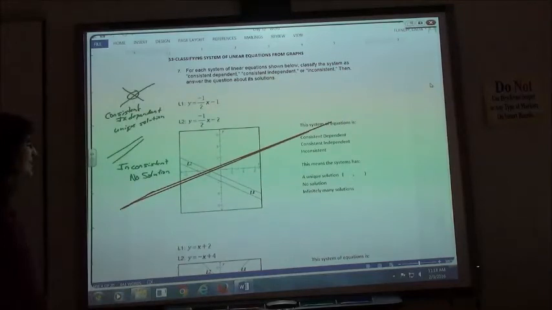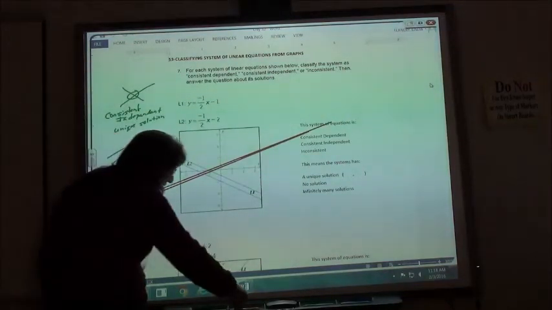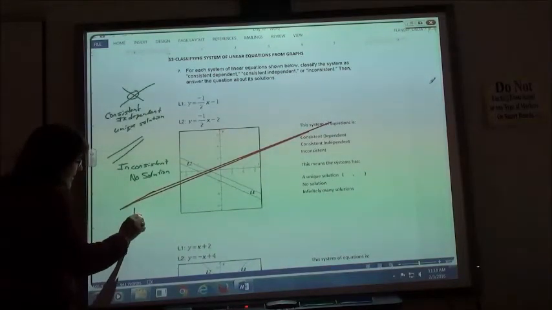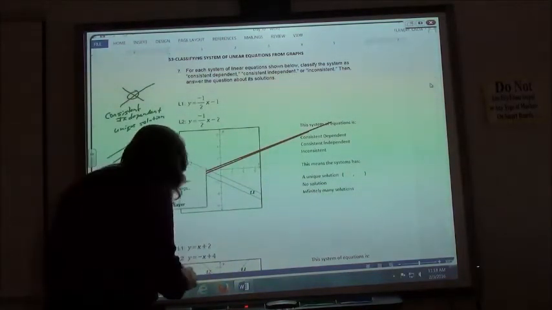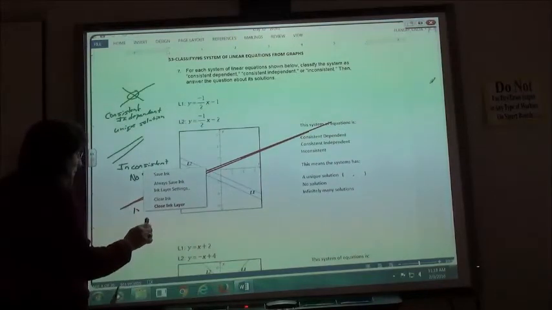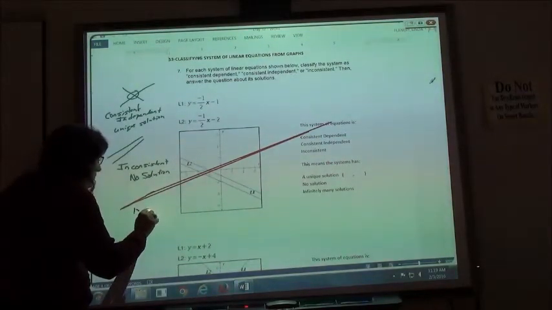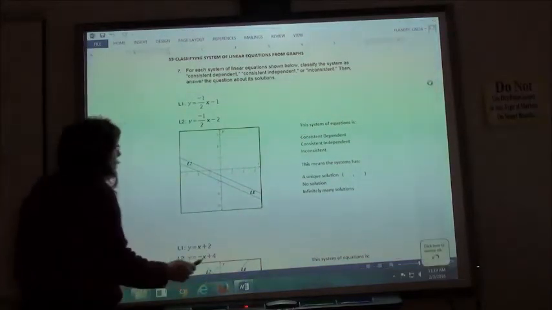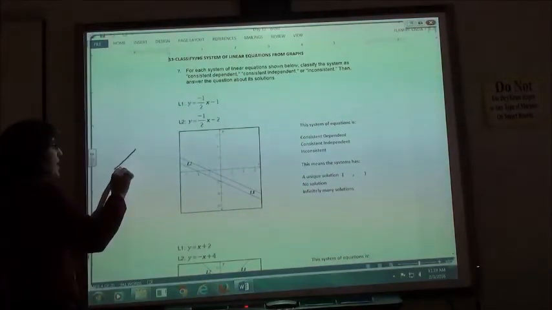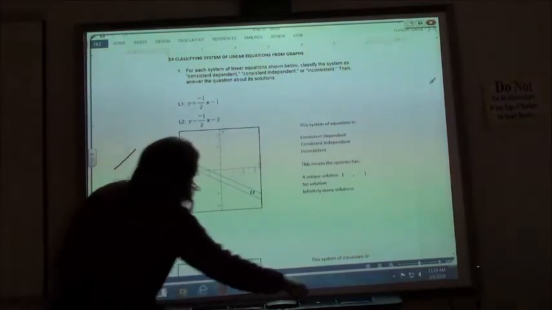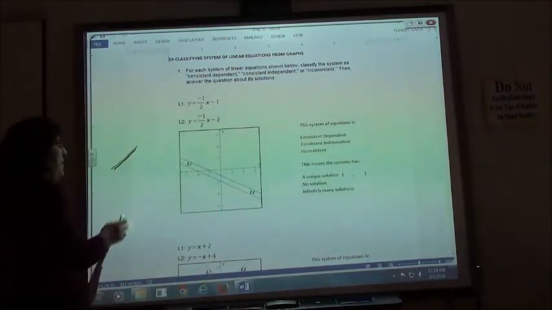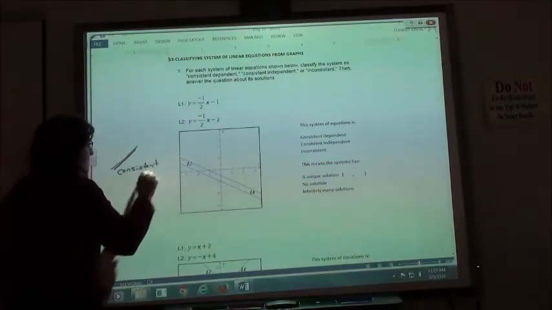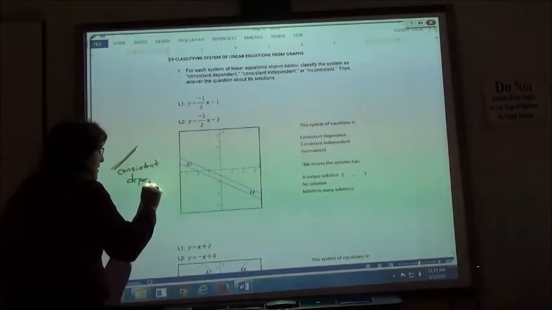If my one line is exactly on top of my other line, it is called consistent dependent.